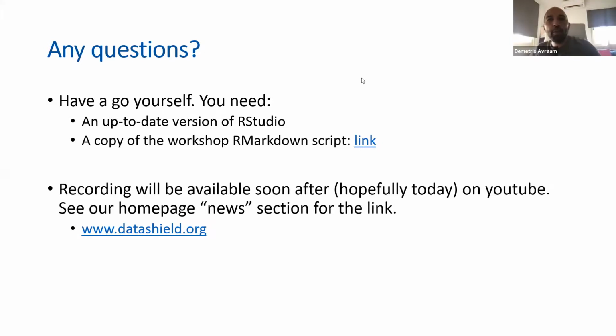Can I just comment about anonymization? The current consortia that use DataShield, they do what is called pseudonymization, which means that they remove the direct identifiers like name or ID, and then they upload their data.